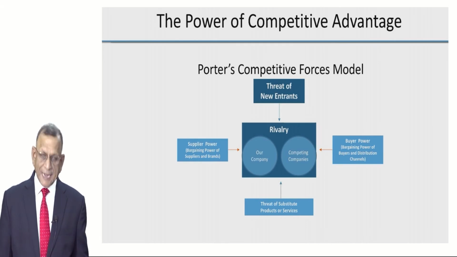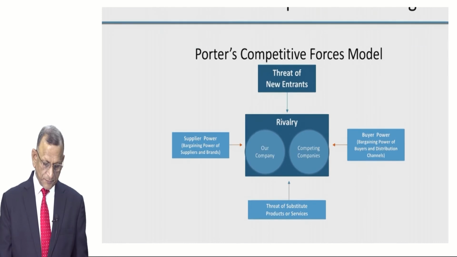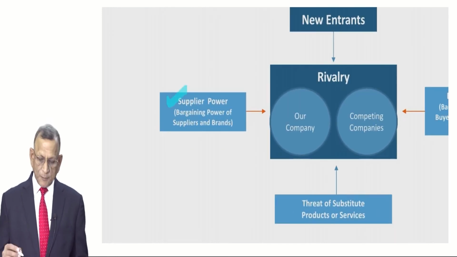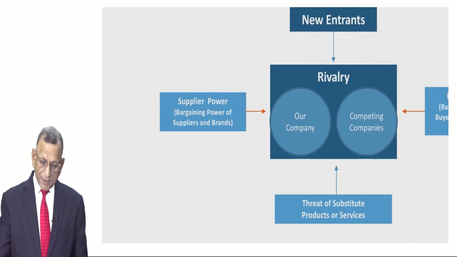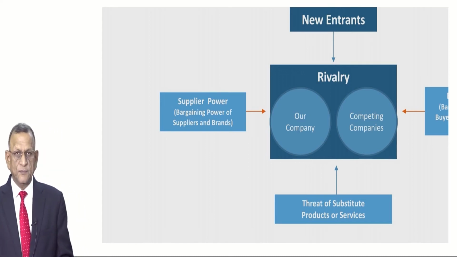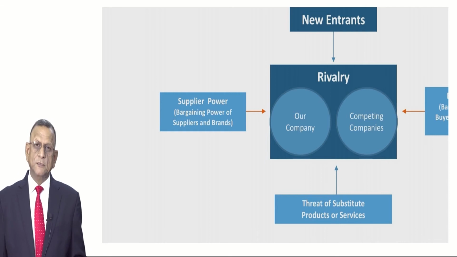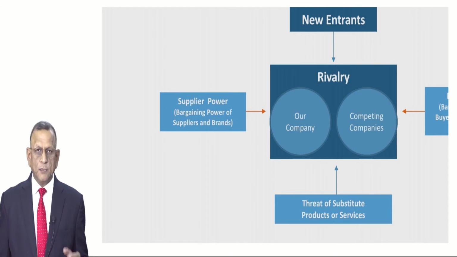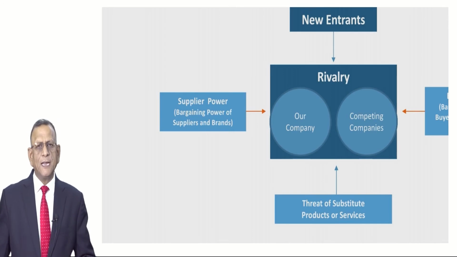This is buyer's power. The third component of the Porter's 5-force model is supplier power. Where you are buying a lot of things from others, of course, they can also bargain on 1 price, 2 discounts, 3 credit period, 4 quantity. They may say that if you buy maybe 100 tons, only then we will sell to you.